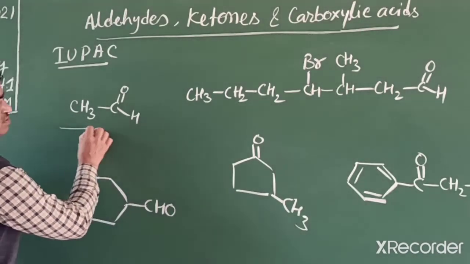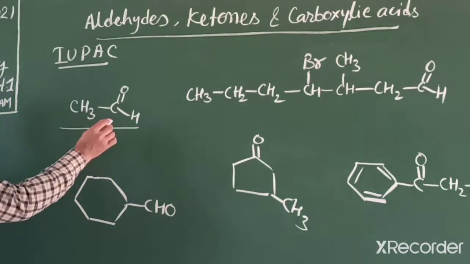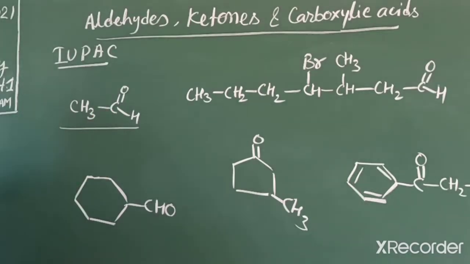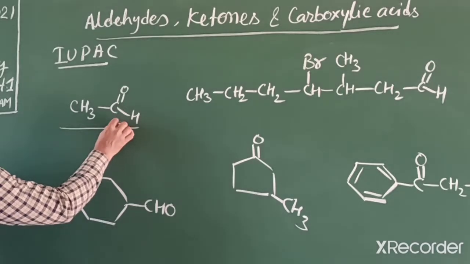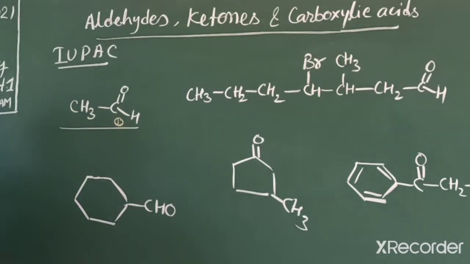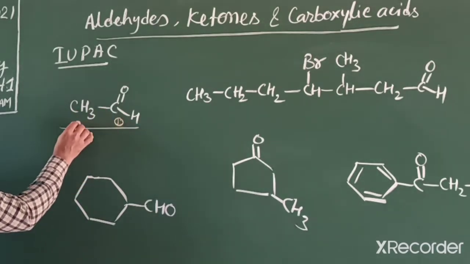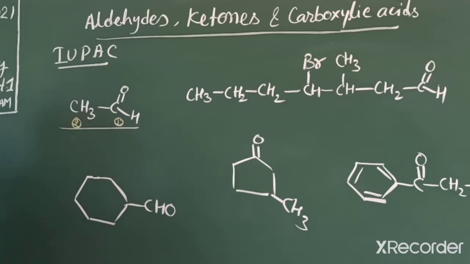In this, first we identify the functional group, which is aldehyde. Numbering starts from that carbon; the functional group gets the lowest number 1, next is 2.